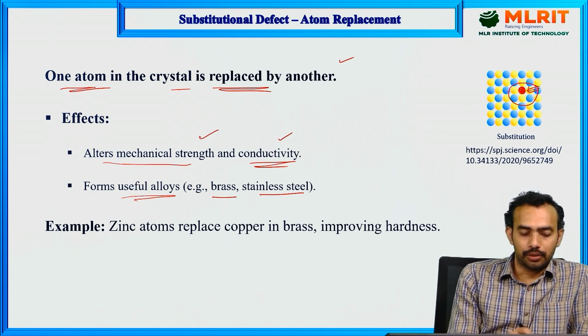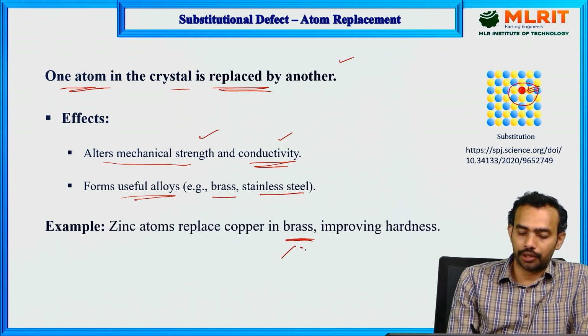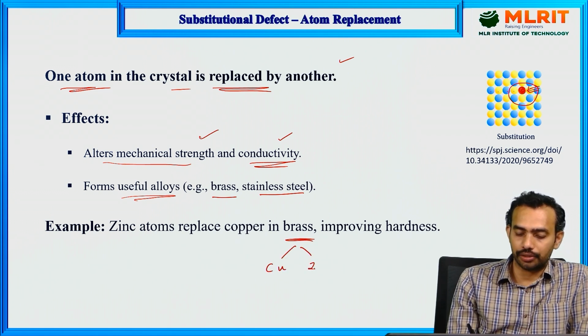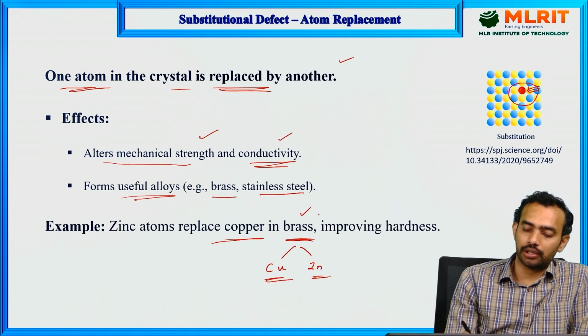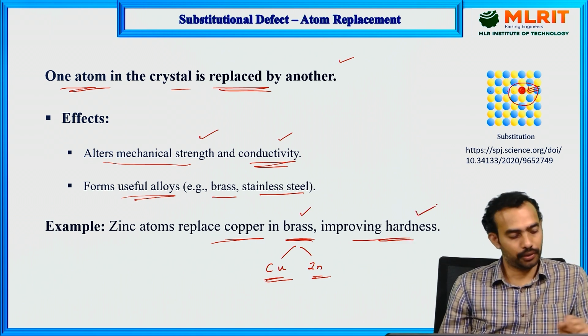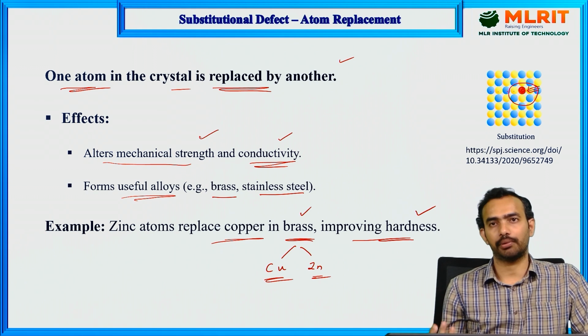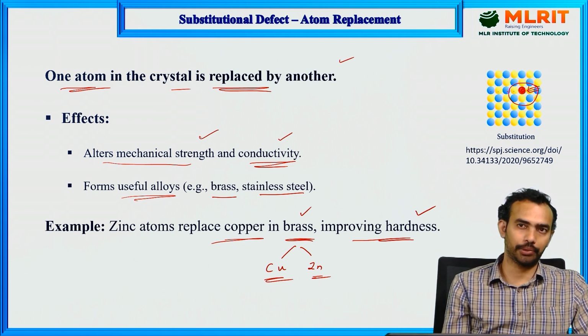If I take the example of brass, it is a combination of copper and zinc. Zinc is added to the copper, and zinc atoms replace some of the copper atoms in the brass, which improves the hardness of the material.